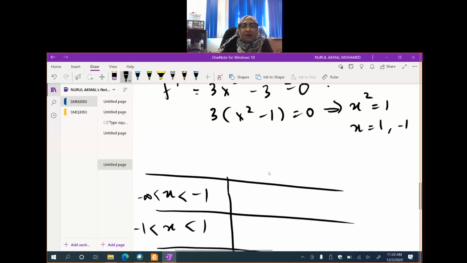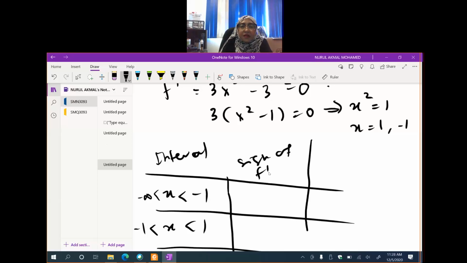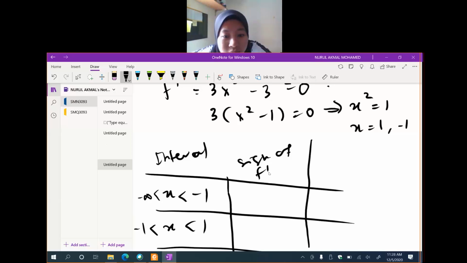So this is the interval, and the sign of f prime. Can you please check for me? What about this one? Is it negative? Is it positive? Positive value. And this one?